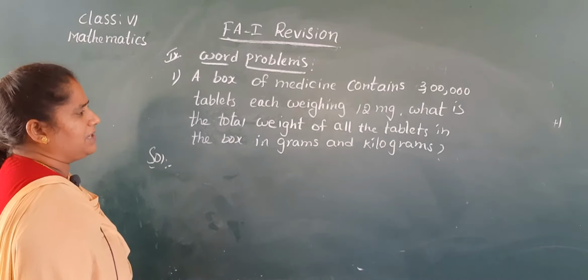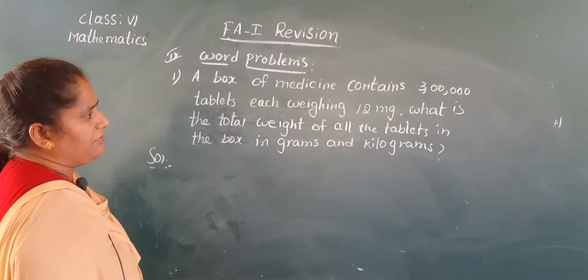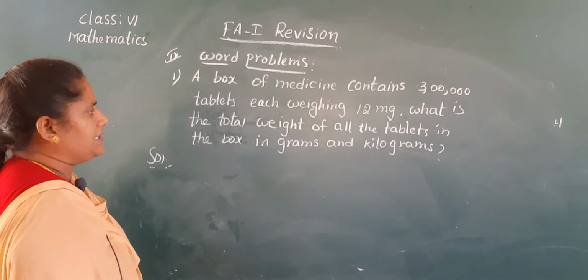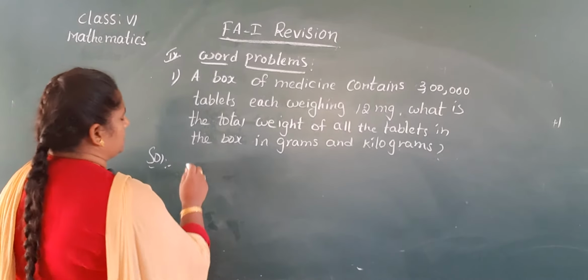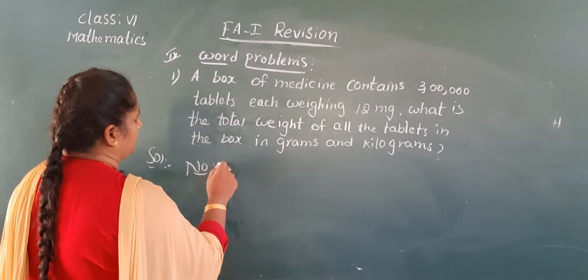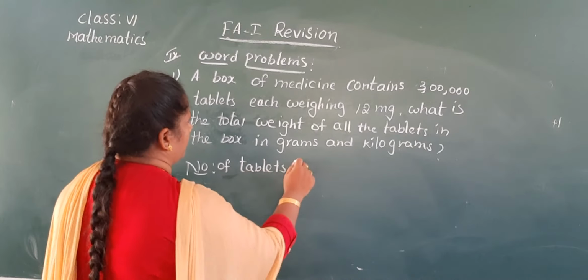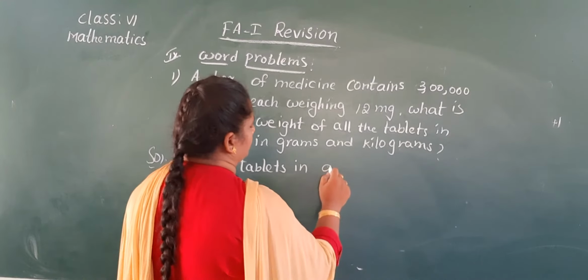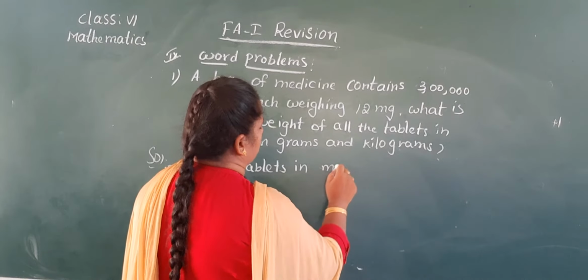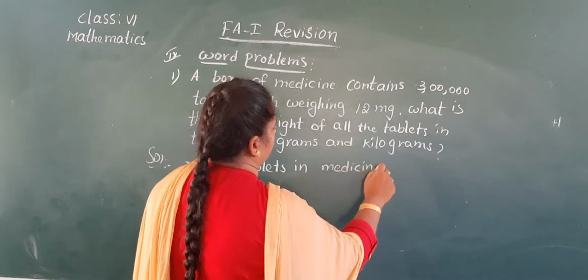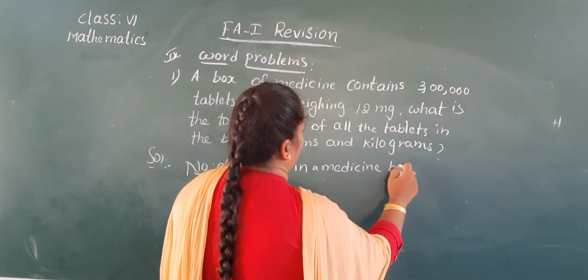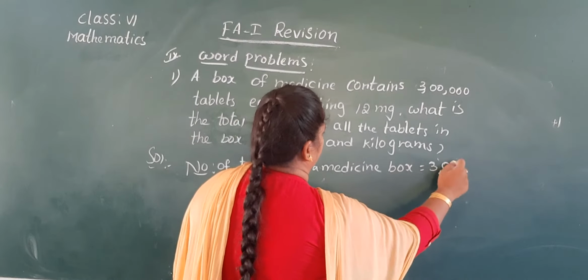Come on, tell me what is the first step? A box of medicine contains 3 lakh tablets. So the number of tablets in the medicine box is 3 lakh.